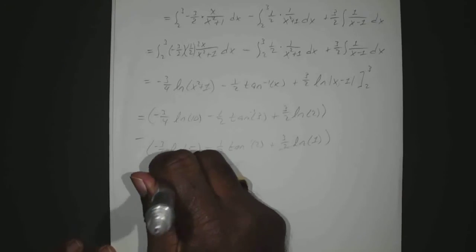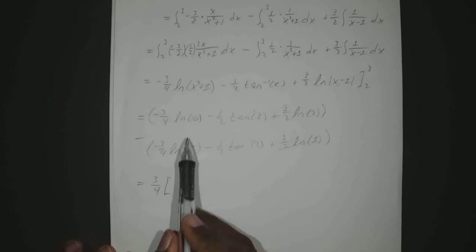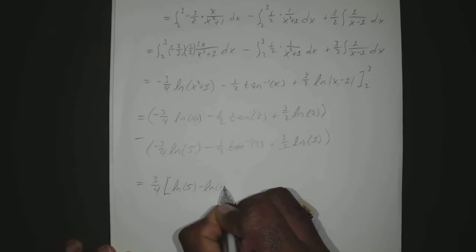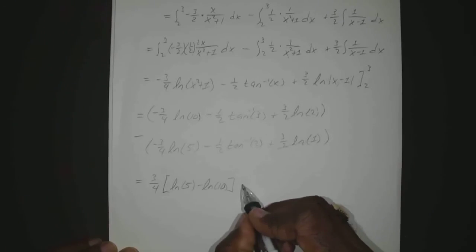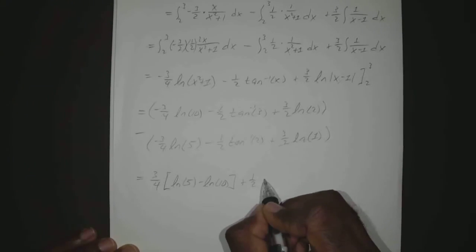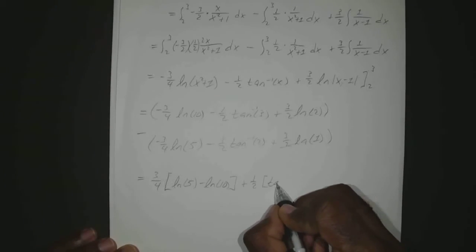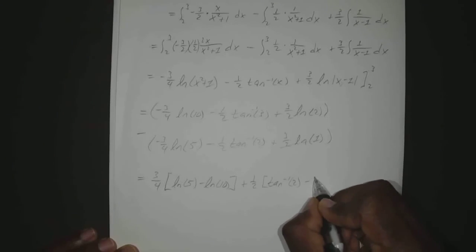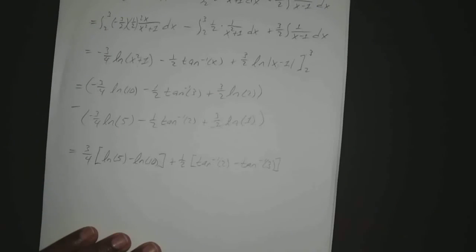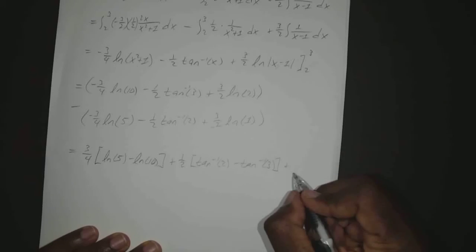Now I'll use a bracket instead of another set of parentheses. So we have natural log of 5 minus natural log of 10, and plus 1/2 times tangent inverse of 2 minus tangent inverse of 3, plus natural log of 2.